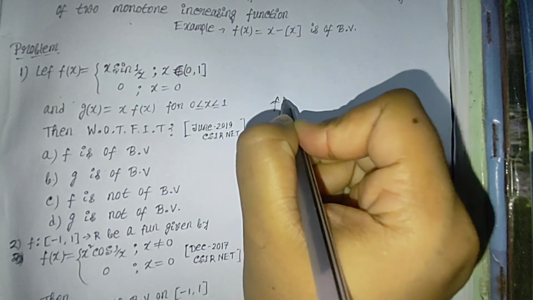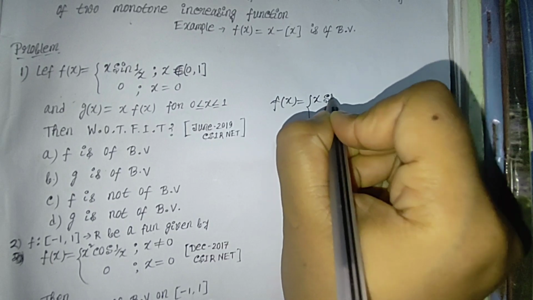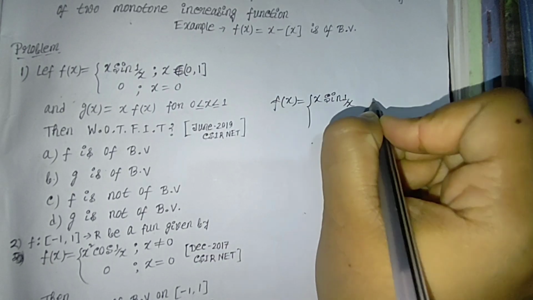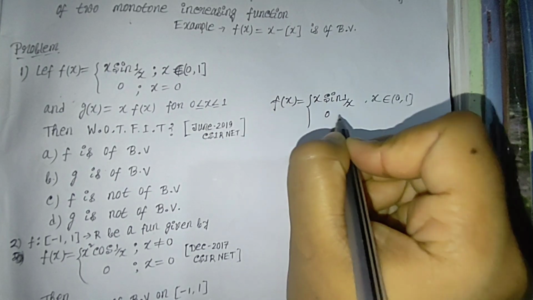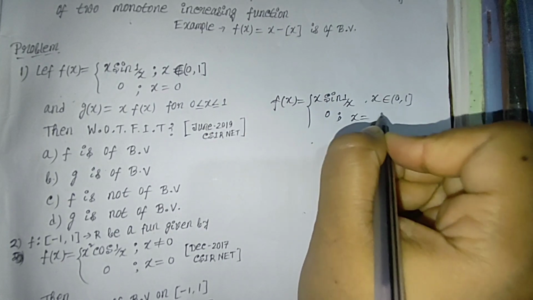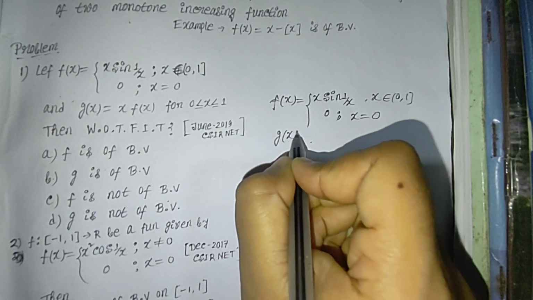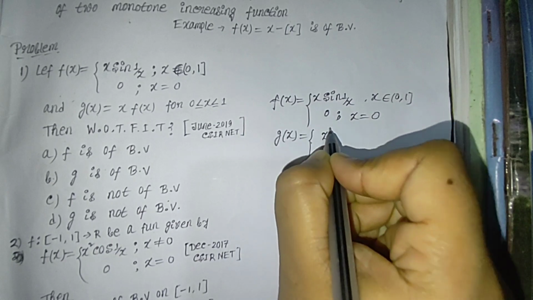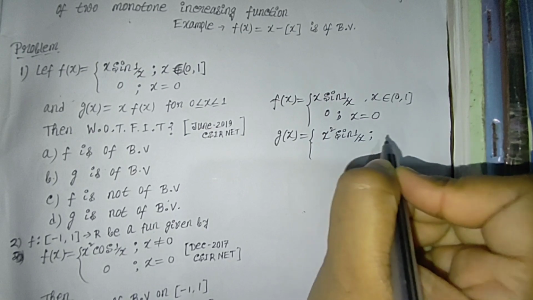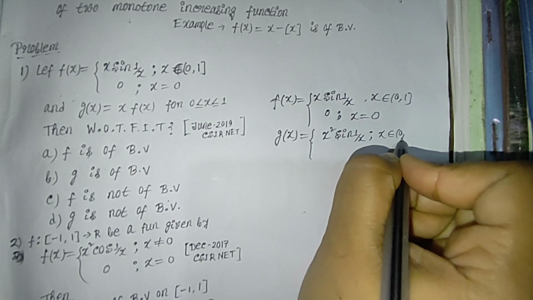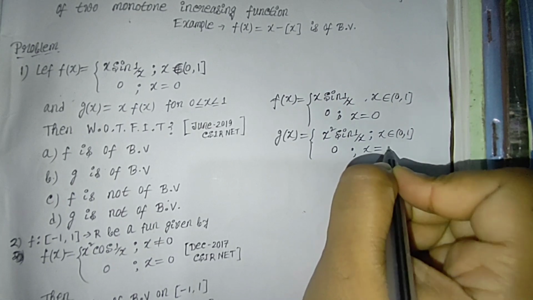Here f(x) = x sin(1/x) for x in (0, 1], and 0 if x equals 0, and g(x) = x f(x), so g(x) = x squared sin(1/x) for x in (0, 1], and 0 if x equals 0.